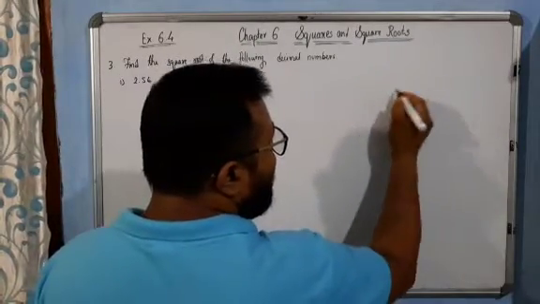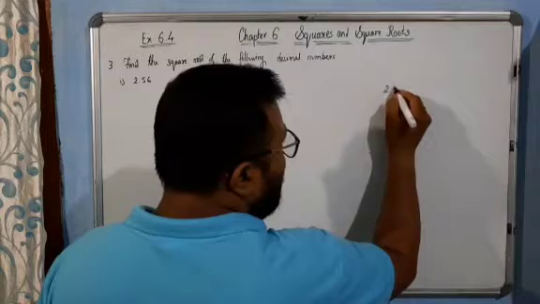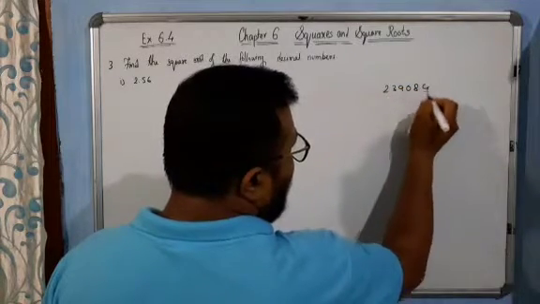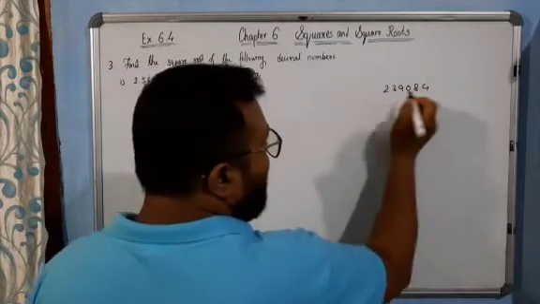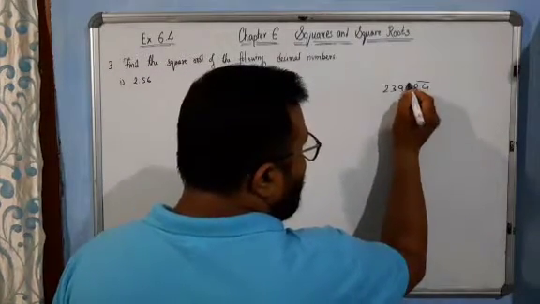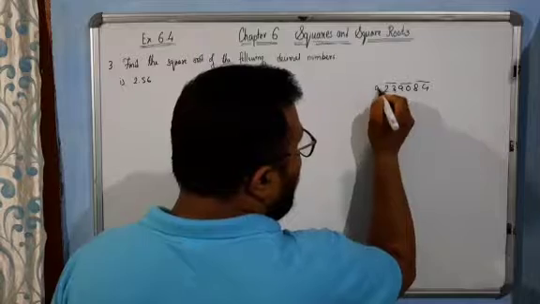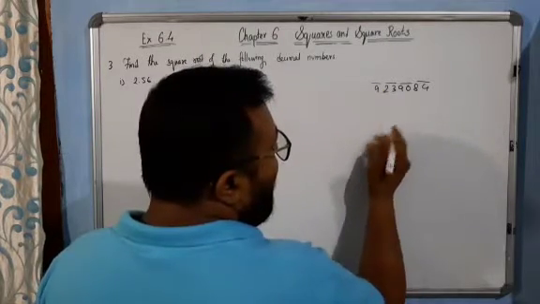Suppose you take a 6 digit, 7 digit number like that, suppose 2, 3, 9, 0, 8, 4 like this. All these digits are on the left hand side of the decimal, so we will start pairing from the right hand side, like this. Suppose here 9, so 1 like this, okay, in this way.